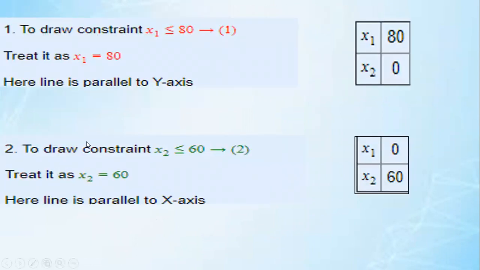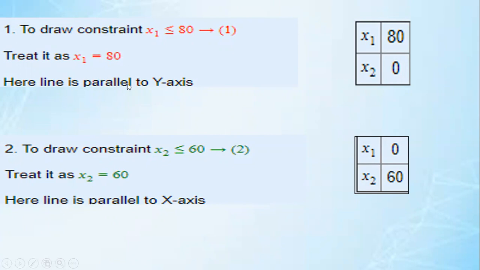See, the first step in solving any graphical problem in LPP is to convert the inequalities into equations. The first constraint is x1 lesser than or equal to 80. Substitute the lesser than or equal to sign with an equal to sign. So the equation becomes x1 is equal to 80.